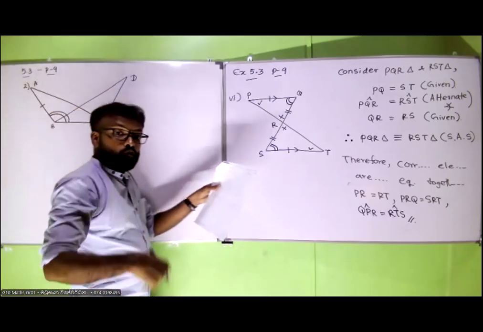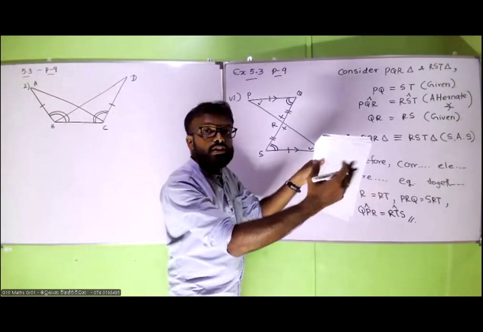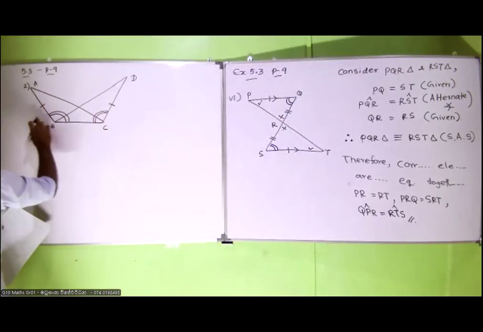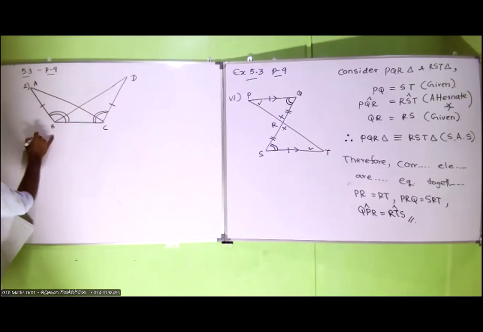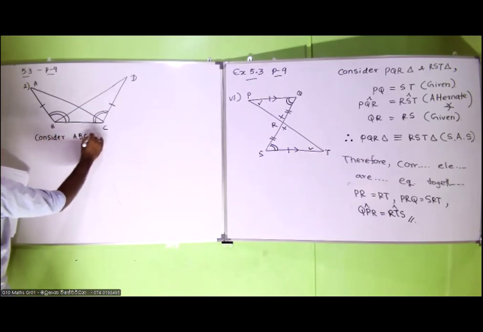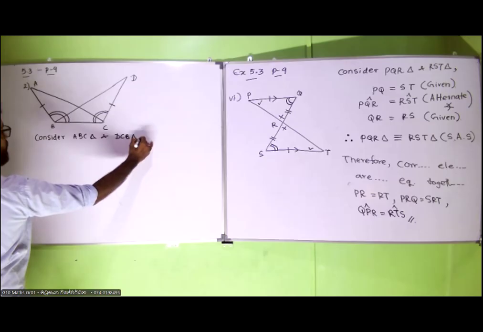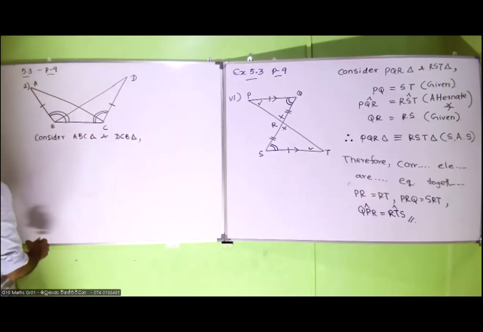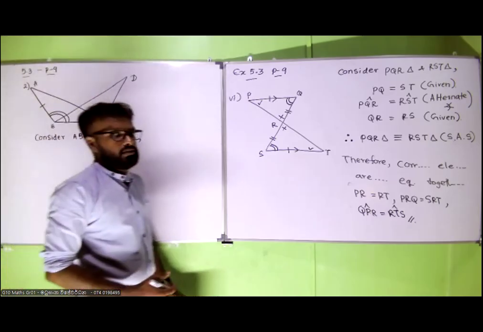Then they are asking to prove first question: triangle ABC is congruent to triangle DCB, right? Consider triangle ABC and triangle DCB. We have a side and an angle, and we need to find another side.